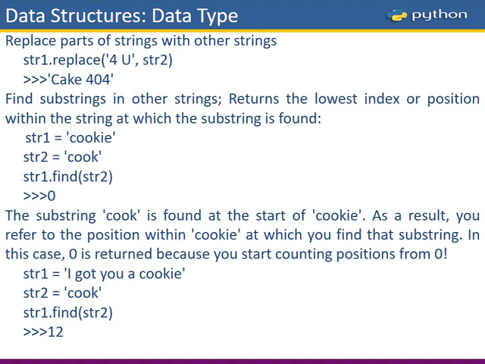For the next example code, str1 equal to 'I got you a cookies' in single quotes, str2 is 'cook'. So we do str1 dot find str2, counting the position of str2 inside str1. When we generate the output, we have 12, counting from 0.